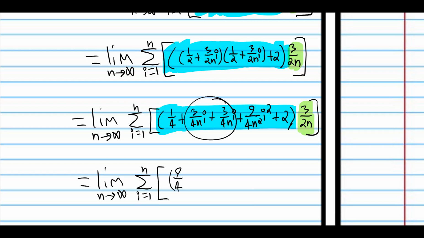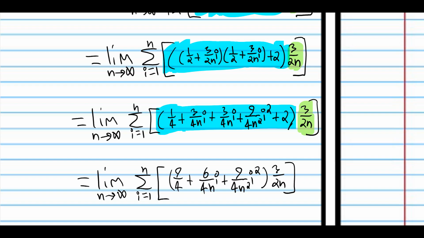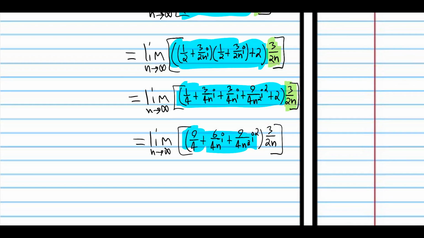And we can add these terms. We have a common denominator, so we get 6/4 n i, because 3 plus 3 is 6. And then again, we're going to multiply by that green width. So all that blue stuff became that.